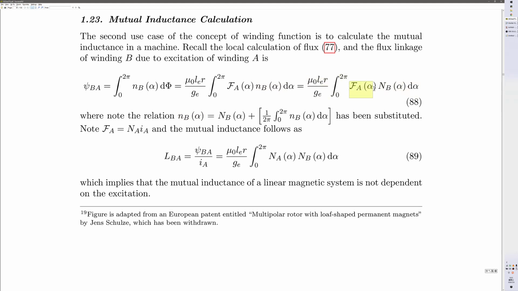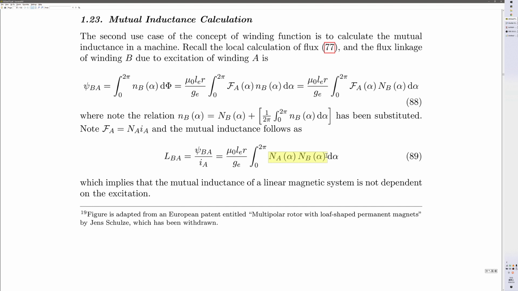Notice that FA is equal to NA times current. That's how we derive the expression for mutual inductance, by dividing psi BA over IA. So mutual inductance is the integral of one function of circuit A and one function of circuit B. And note that we do have the associative law for our product operation.